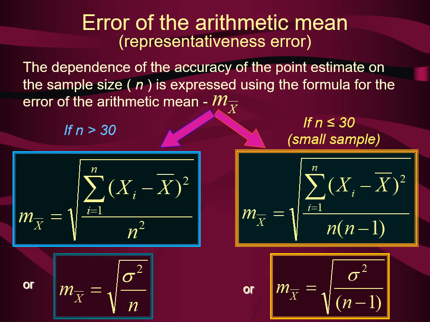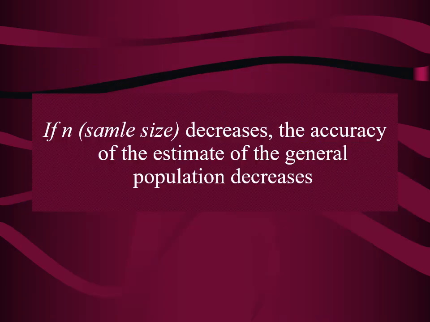As I have already said, they allow us to evaluate the accuracy of transferring sample data to the general population without having full information about this very general population. The fact that with a decrease in the sample size, the accuracy of estimating the general population decreases can be seen from the calculation formula itself.